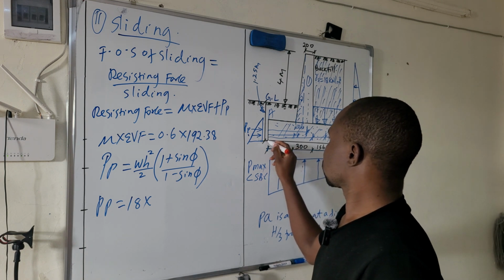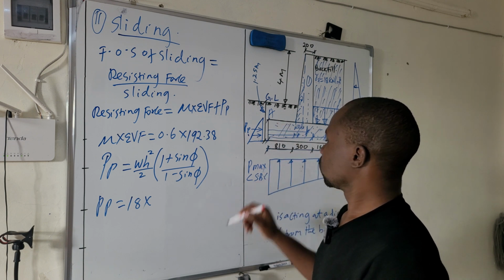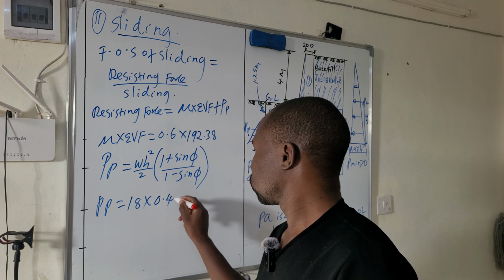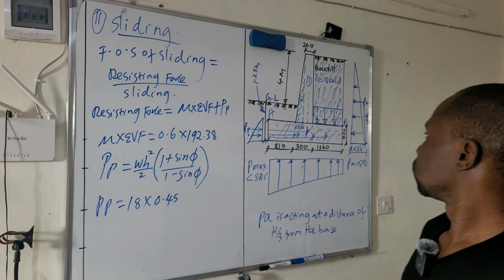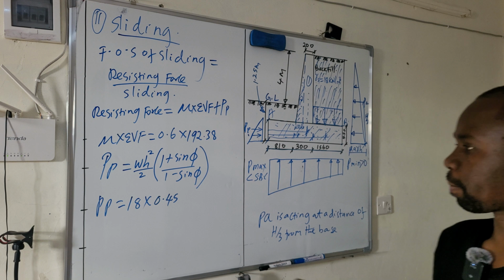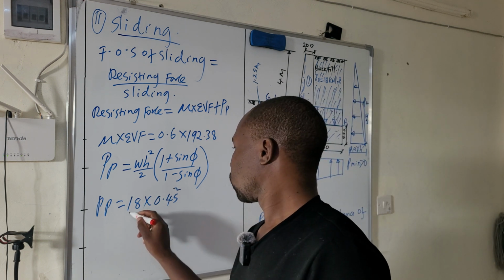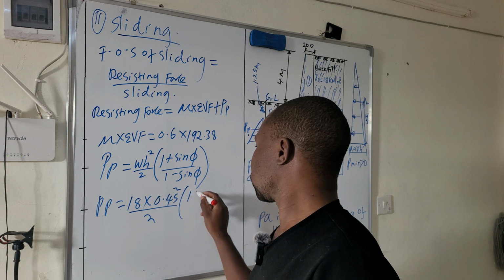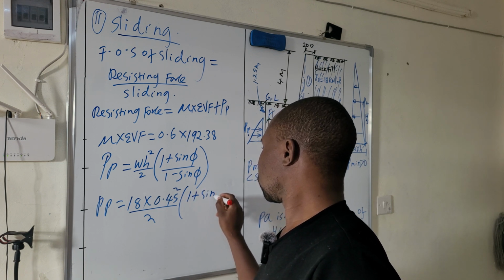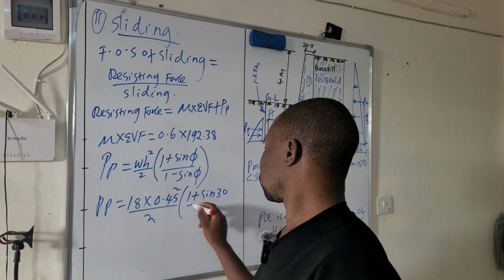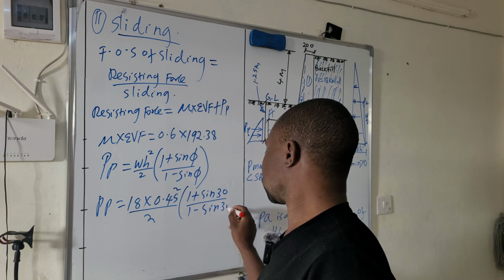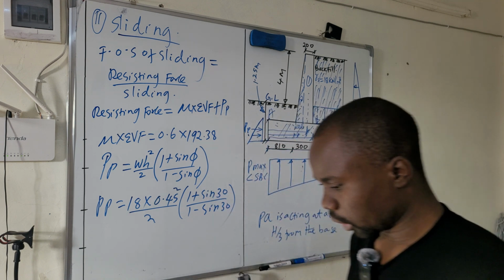So that is 0.45, that is for 450, you convert it to meters, squared over 2 into bracket 1 plus sine 30 over 1 minus sine 30, like that.